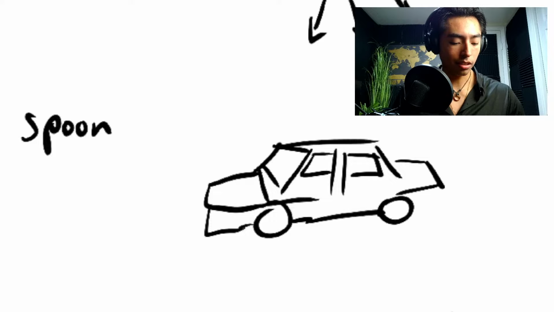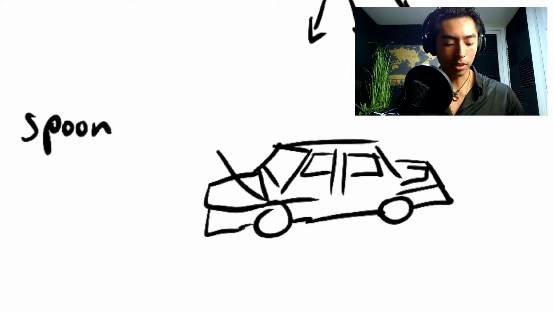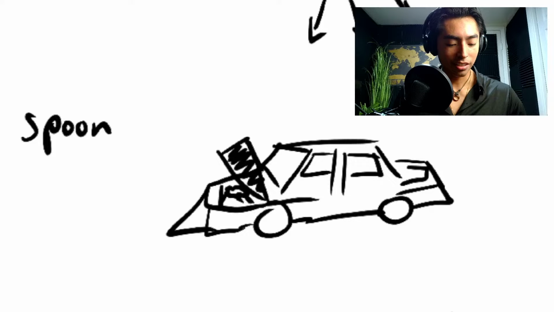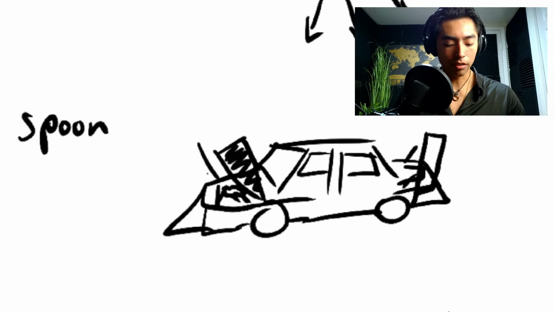Okay, that's not terrible. But now we have the engine, so the hood is going to be up here, and we're going to have a big block engine here. It's a fast car. So if this is the powerhouse of the cell, then that means it's the engine of a car.